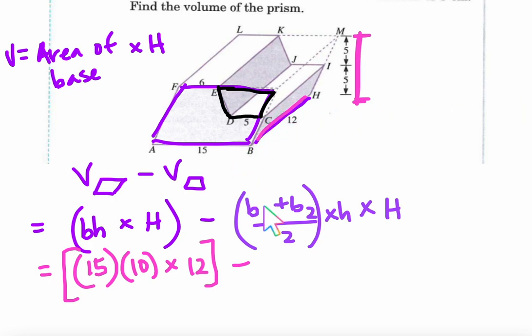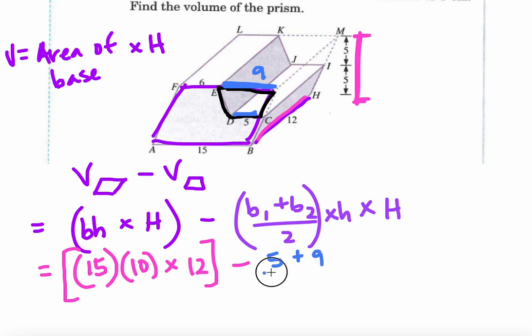Trapezoid stuff is base 1 plus base 2. I have one base, which is 5. What's my other base? What's this measurement here? Well, I know the other side is 6, and this entire measurement across is 15. Oh, so this one must be 9. 6 plus 9 is 15 all the way across.